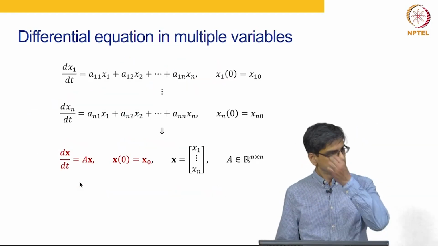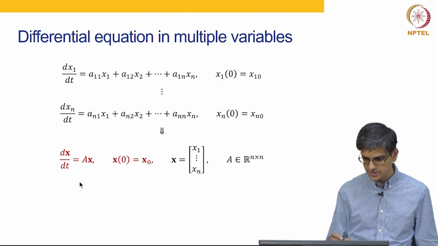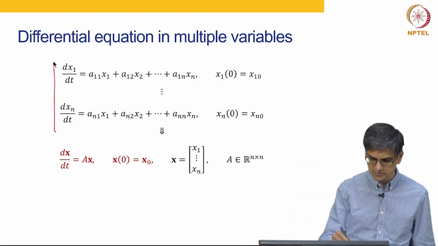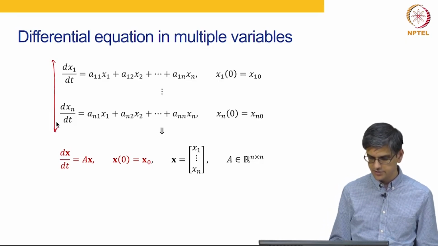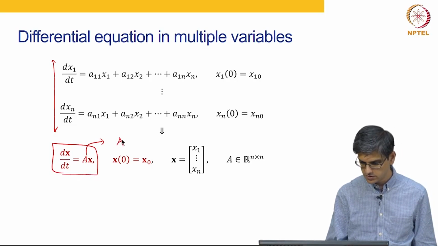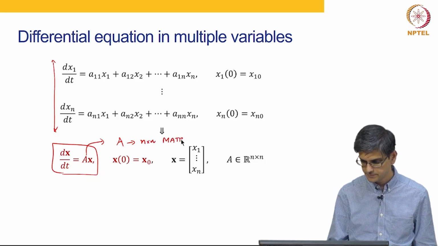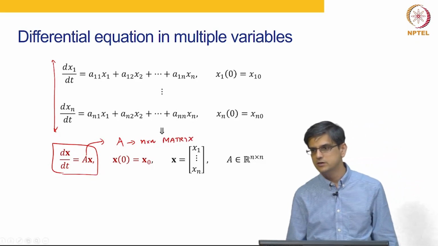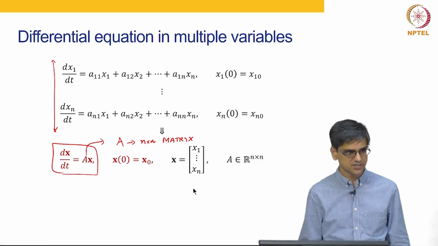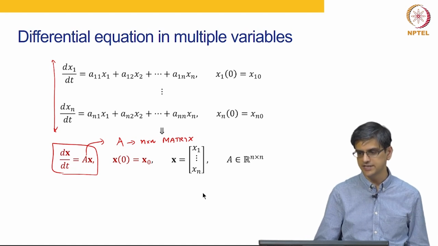Now, differential equations in multiple variables. The funda is the same: you have n differential equations in n variables, and you can write them in the vector form. When you write them in the vector form, A is an n by n matrix. I will come to the meaning of the next statement in the next week.